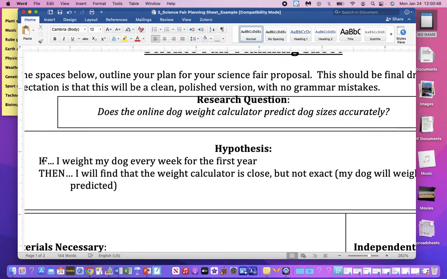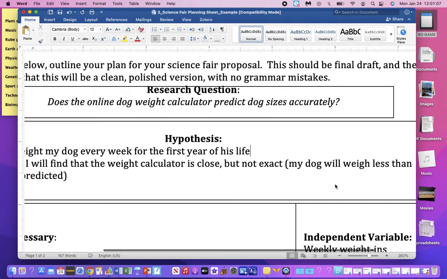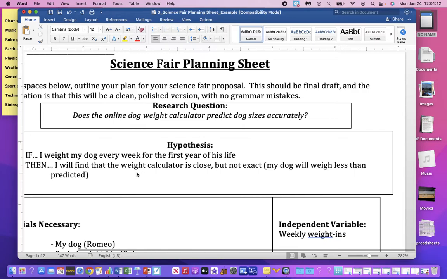My hypothesis is an if-then statement. If I say what I'm going to do, then I predict what I think is going to happen. So if I weigh my dog every week for the first year of his life, then I will find that the weight calculator is close but not exact. And more specifically, my dog will weigh less than what is predicted.